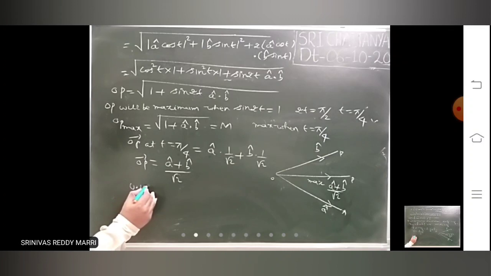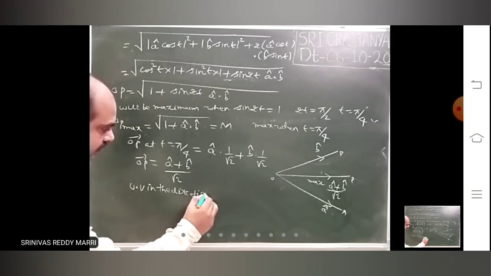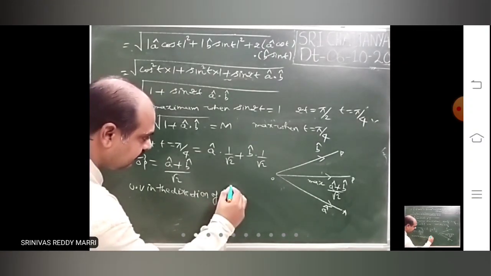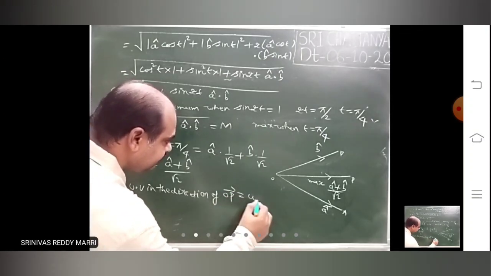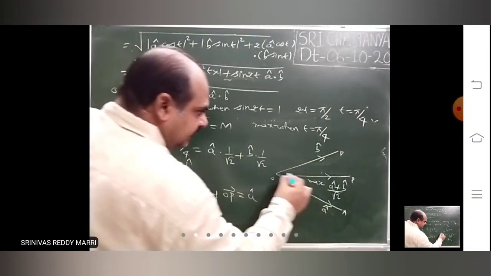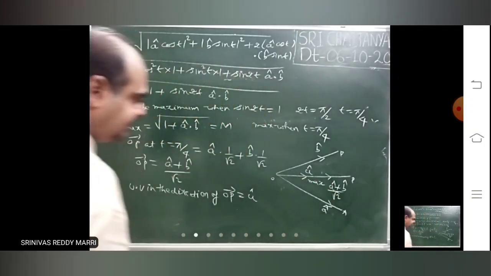He is asking for the unit vector in the direction of OP bar. He has given this as U cap. That means in this direction, the unit vector is U cap.